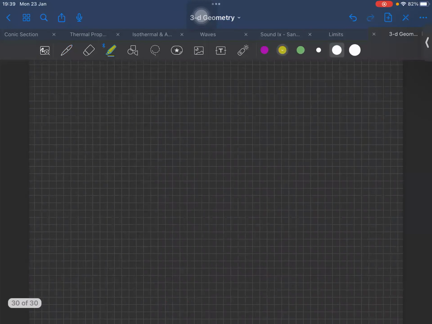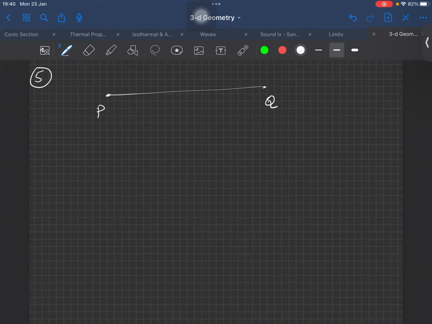All right. Now, question number 5. What is question number 5? It is: find the coordinates of the points which trisect the line segment joining the points P and Q, the coordinates of which are given: (4, 2, -6) and (10, -16, 6).